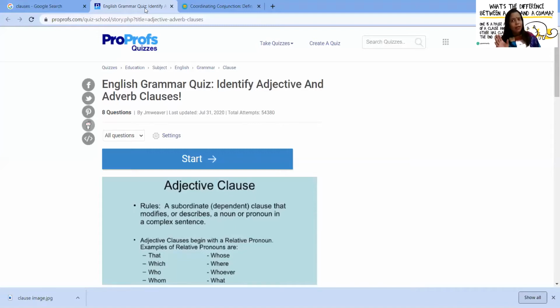Clear? Understood? Good. The artist whom I adored is no more. Here whom is the relative pronoun and the artist is the antecedent, and the artist is definitely the noun which is being qualified by saying whom I adored the most, isn't it?